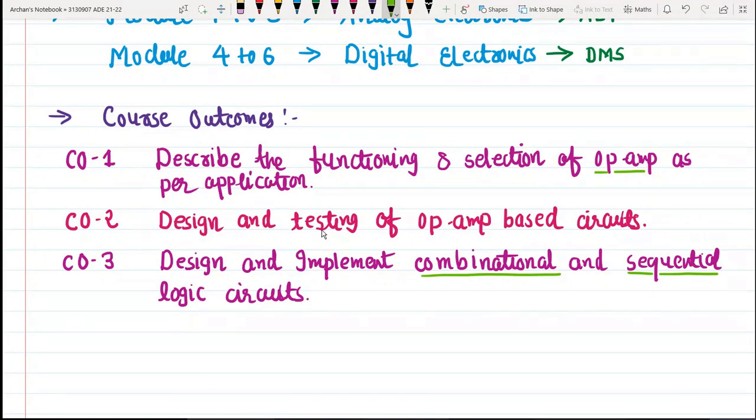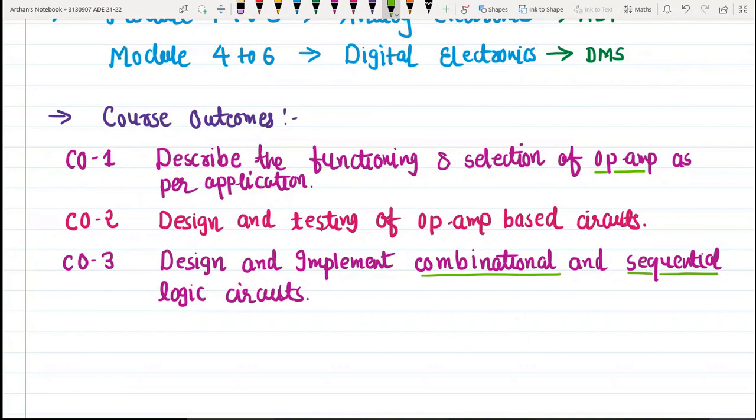Okay, so whenever we go through digital electronics, you will come to know that we have 2 kinds of circuits. One is a circuit which does not store memory, and one is the circuit which does store some memory, right?